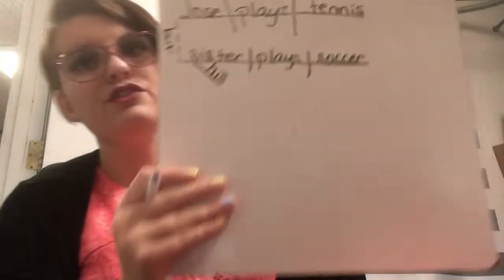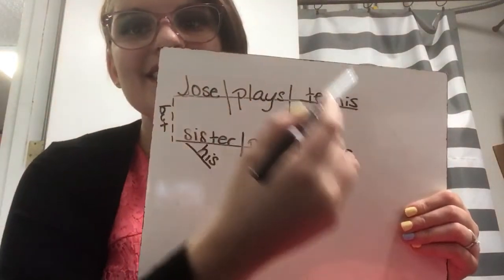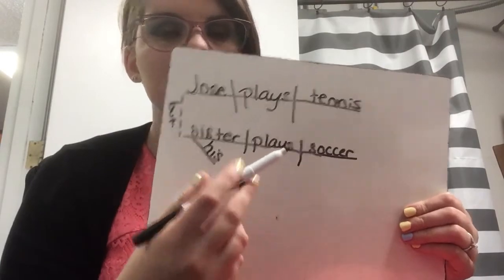We know he plays tennis and she plays soccer, and it's his sister. So the full sentence would be: Jose plays tennis and his sister plays soccer. Okay? We're going to look at number 2 now.